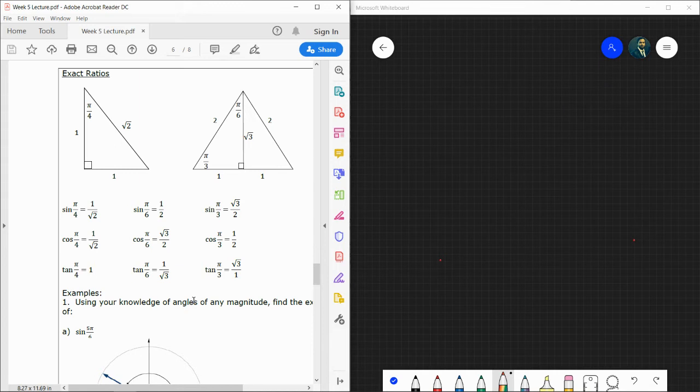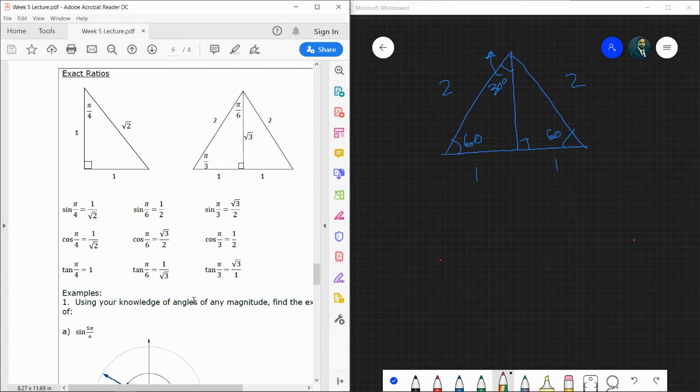Next, we could use another form of triangle, which is an equilateral triangle with 3 equal sides of 2, and we can divide in the middle. That gives us 1 and 1 here, but the interesting thing is this is 30, because in an equilateral triangle all angles are 60.